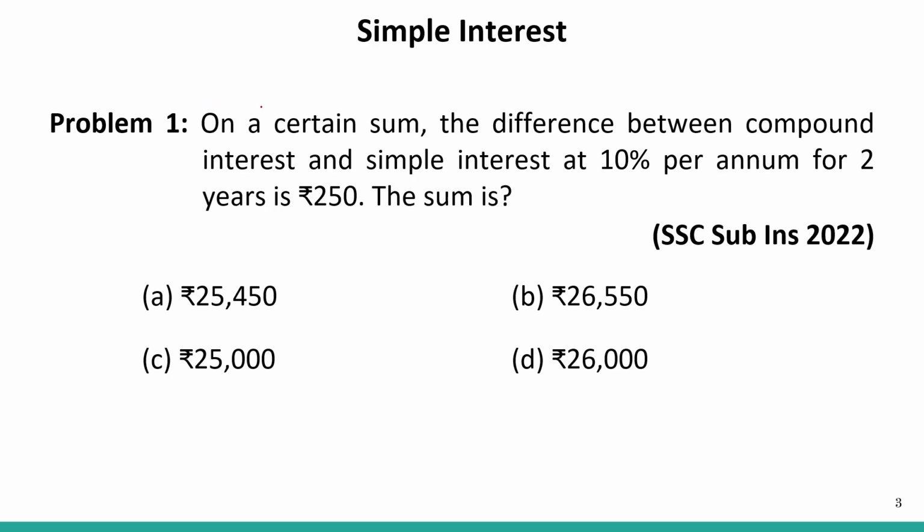On a certain sum, the difference between the compound interest and simple interest is given at 10% per annum. So the difference is CI minus SI.